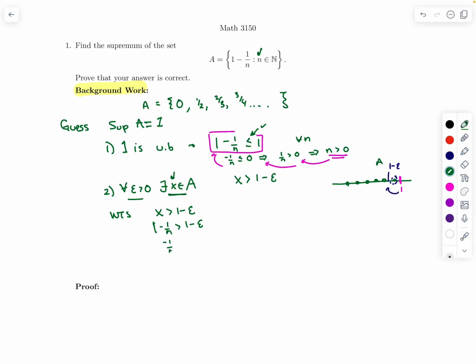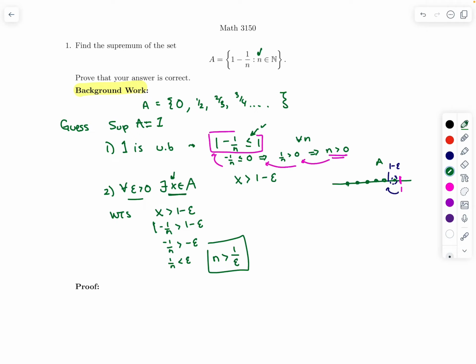Again, I can subtract 1 from both sides. I can negate everything, which switches the inequality sign. And so then, switching everything around, I just need that n is bigger than 1 over epsilon. So if we're thinking about this, epsilon is a really small number, so 1 over epsilon is really big.